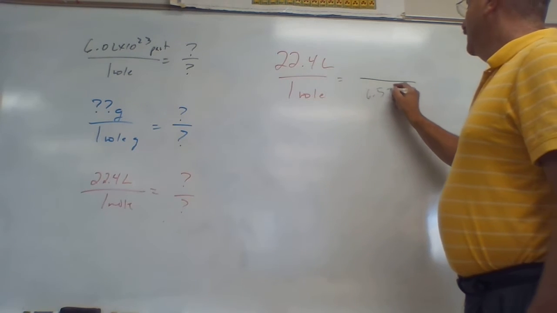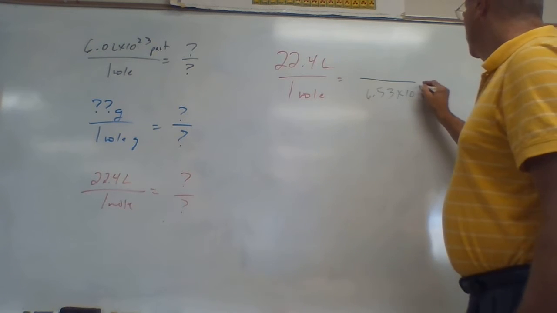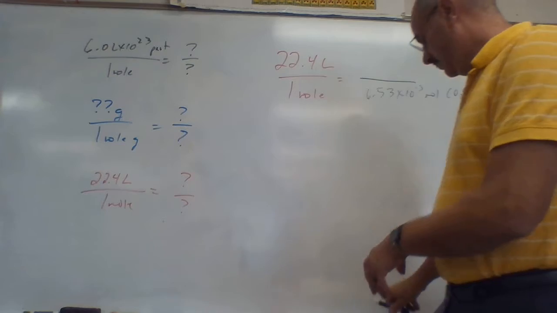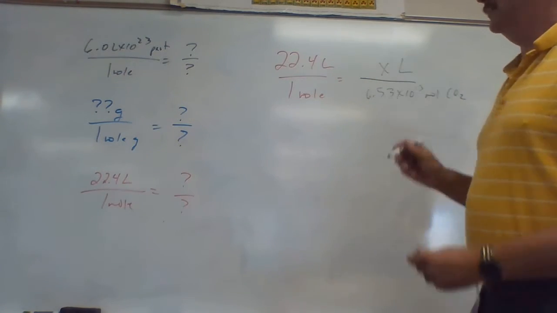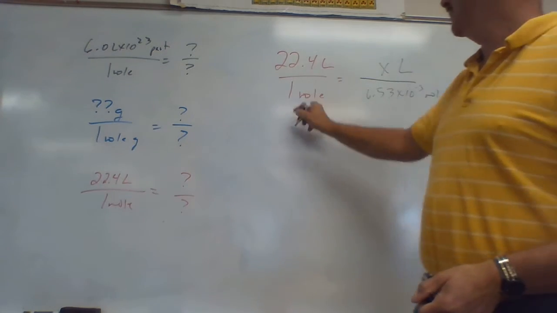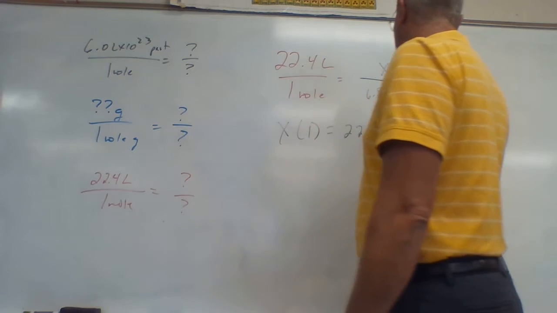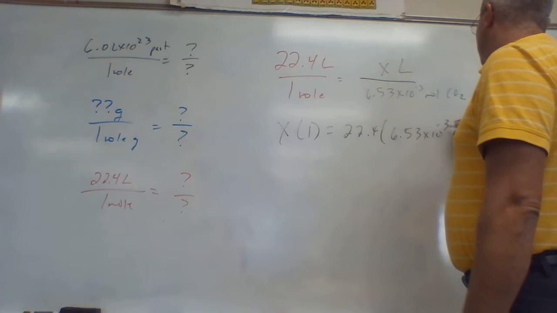So it's 6.53 times 10 to the negative third moles of carbon dioxide, and we're going to have X liters on top. So we're going to cross multiply and solve. So X times 1 equals 22.4 times 6.53 times 10 to the negative third.